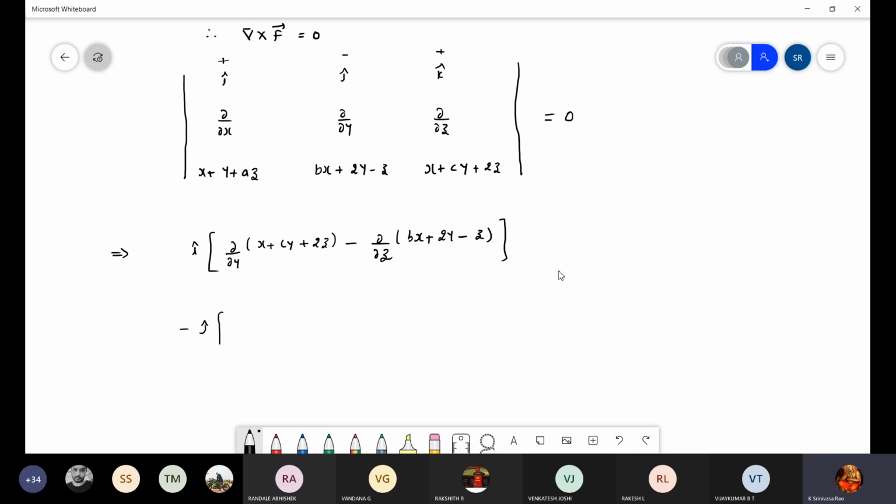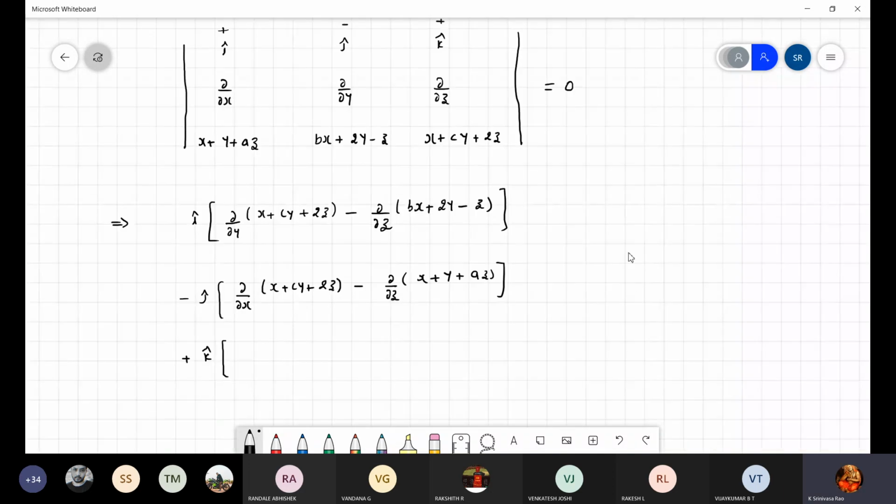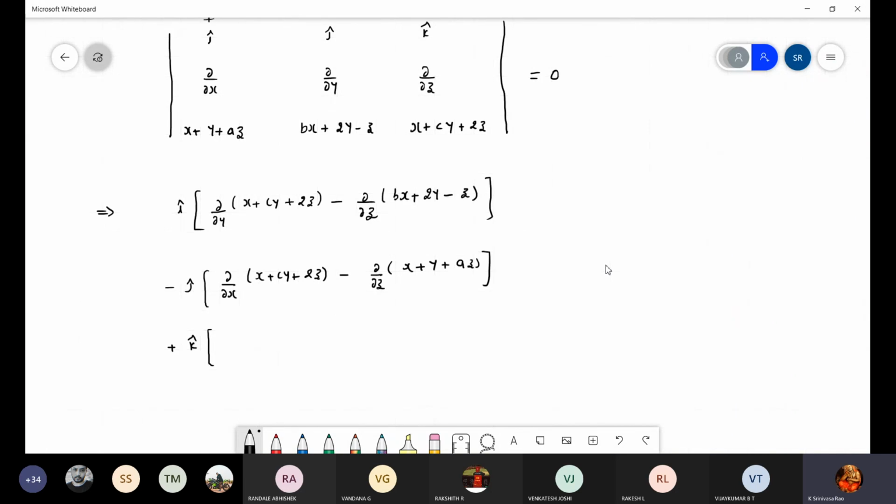Minus j cap into, now first row and second column, you will get the remaining four terms: dou by dou x of x + cy + 2z minus dou by dou z of x + y + az, and plus k cap into, first row and last column you ignore, so you will get these 4 terms: dou by dou x of bx + 2y - z minus dou by dou y of x + y + az. Yes, that is equal to 0.